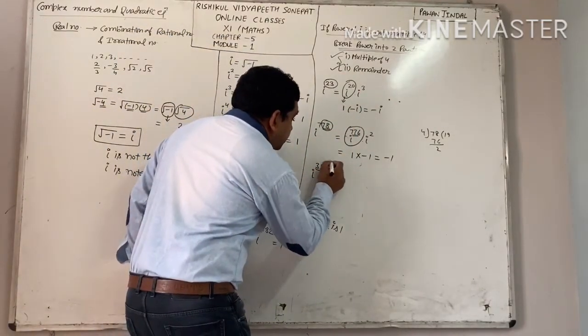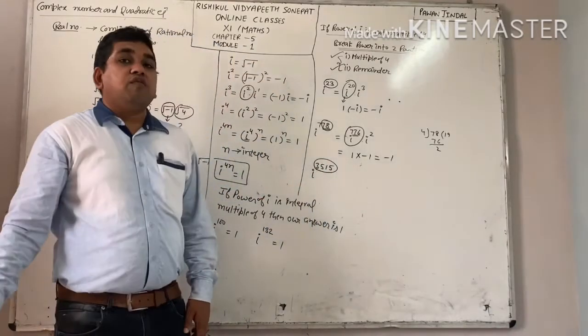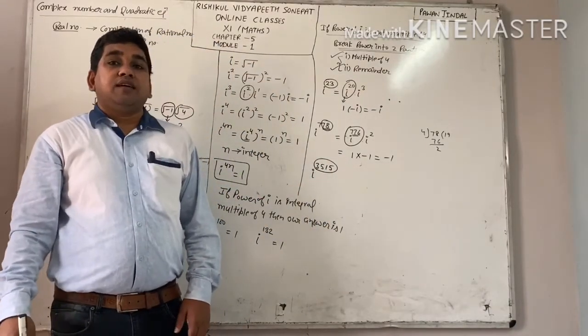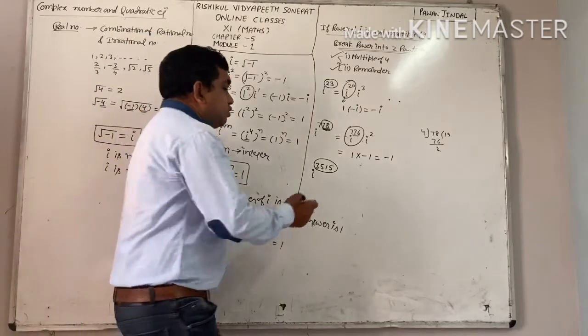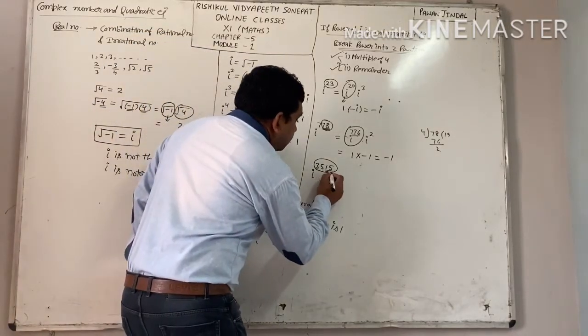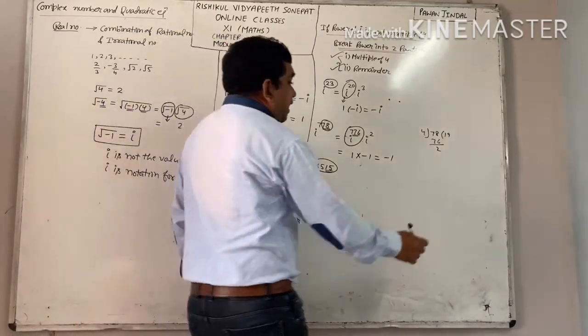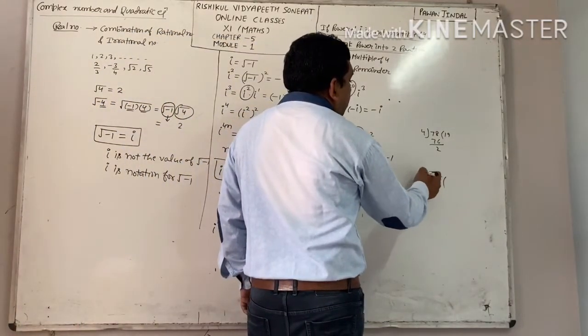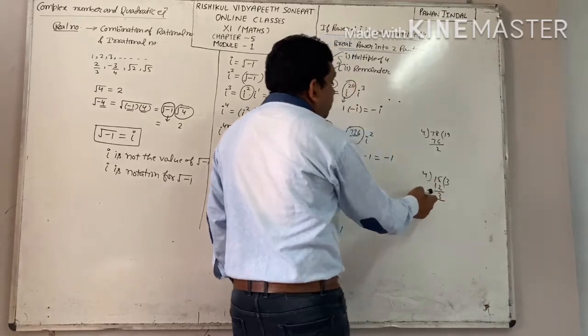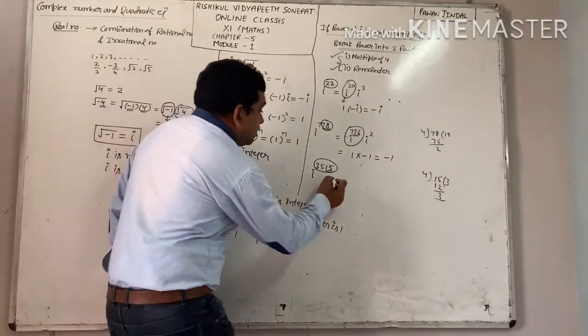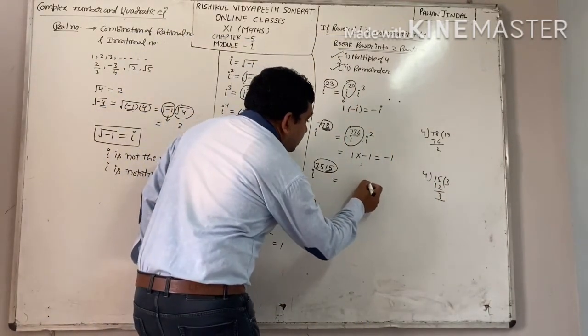When we divide this number by 4, what will be the remainder? Apply the divisibility test of 4. Pick up the last two digits, 1 and 5, that is 15. And when you divide 15 by 4, you know very well your remainder is 3. Therefore your one power will be 3.